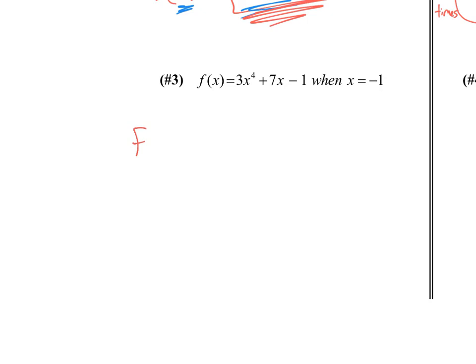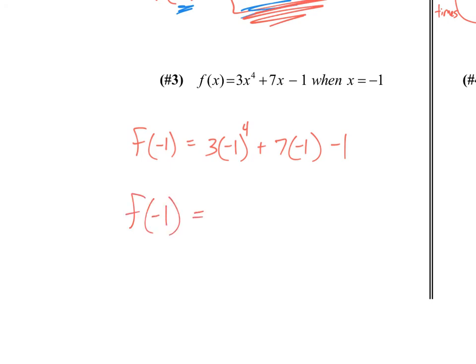What is it when x is -1? So 3 times -1 to the fourth plus 7 times -1 minus 1. So f of -1 equals 3 times -1 to the fourth, which is 3. 7 times -1 is -7.